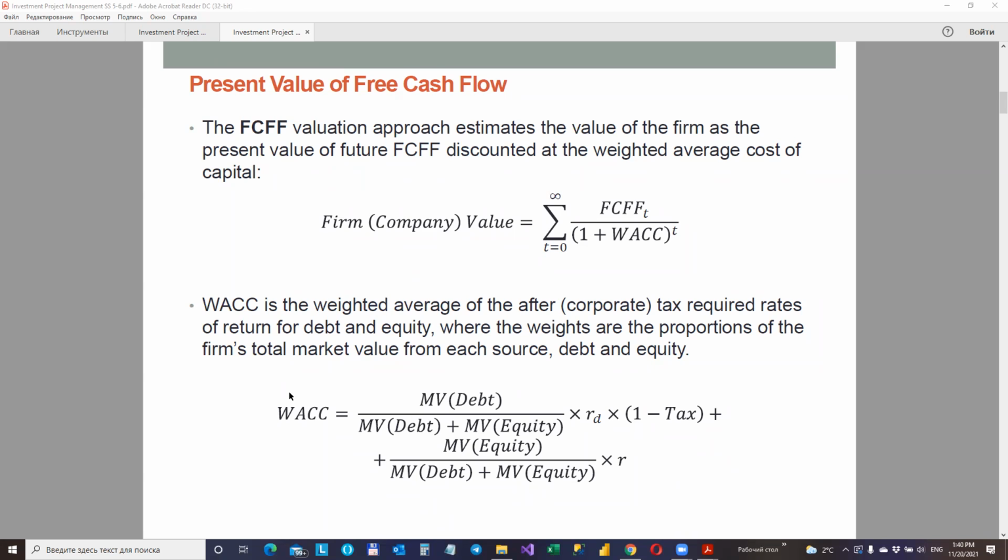The value of equity is the value of the firm minus the market value of the debt. So we have the final equation: equity value equals firm value minus value of debt. Dividing the total value of equity by the number of outstanding shares, if we evaluate the company, gives the value per share. But in our case, we come to the value of the project.